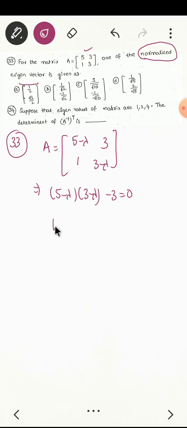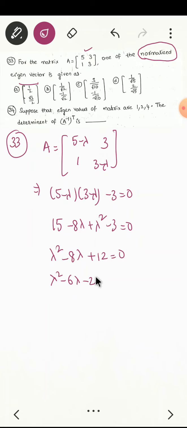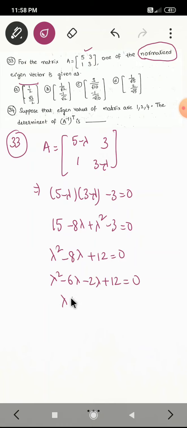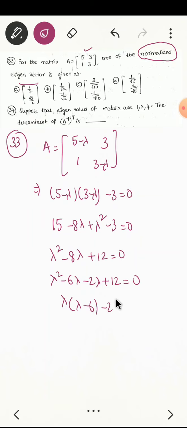So 5 3s are 15, minus 5 lambda minus 3 lambda, minus 8 lambda plus lambda square, minus 3 equal to 0. Lambda square minus 8 lambda plus 12 equal to 0. I can write minus 6 lambda minus 2 lambda plus 12 equal to 0. Lambda minus 6 into lambda minus 2 equal to 0. Lambda equal to 2, 6.